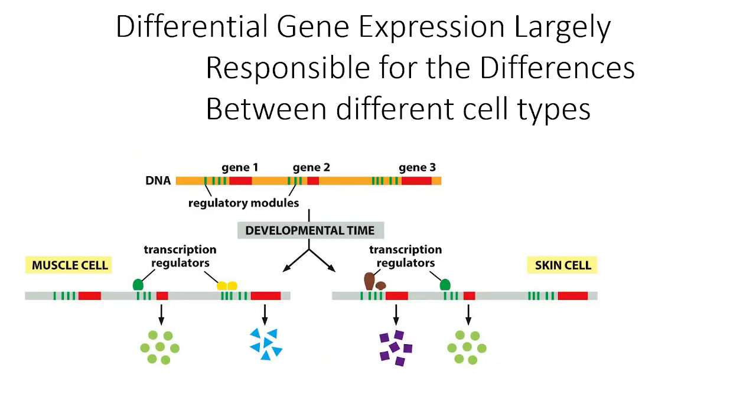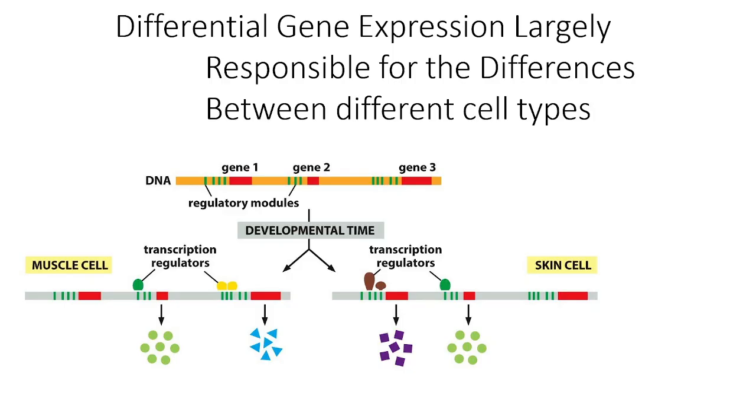Okay, so differential gene expression is largely responsible for the differences between the different cell types. Now, what actually makes a neuron different from a hepatocyte or a muscle cell?